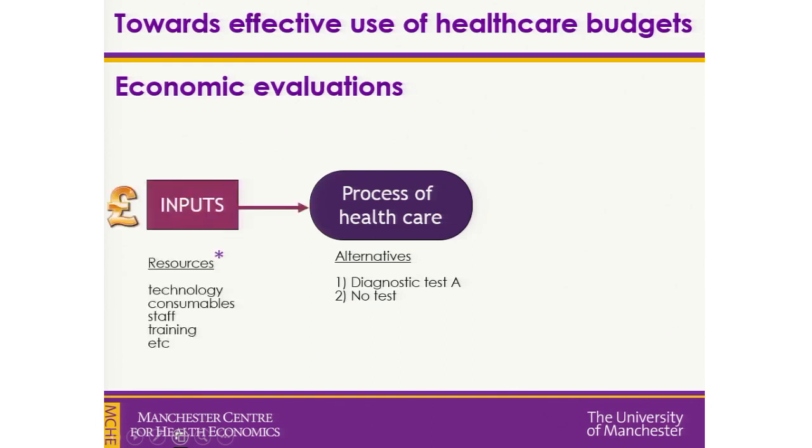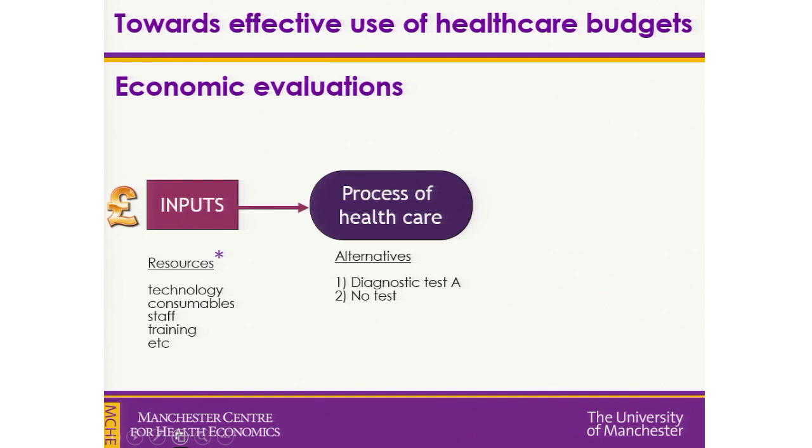So then the first bit that you have to think about is, well, given you've got this process of healthcare, what are the inputs? So what are the resources required to actually deliver this process of healthcare? So it might be a new technology, it might be lab consumables or staff, or you might need training. And this is where you attach the cost side to the evaluation.